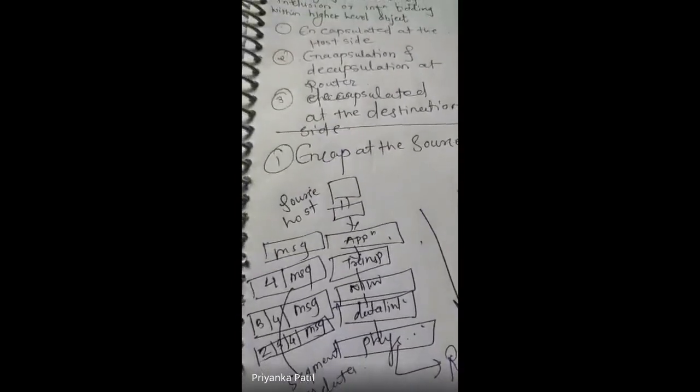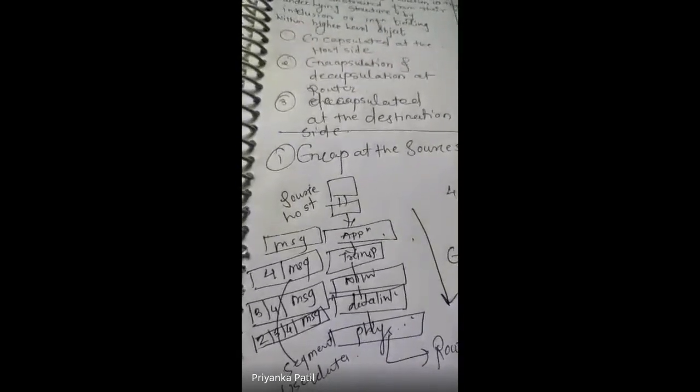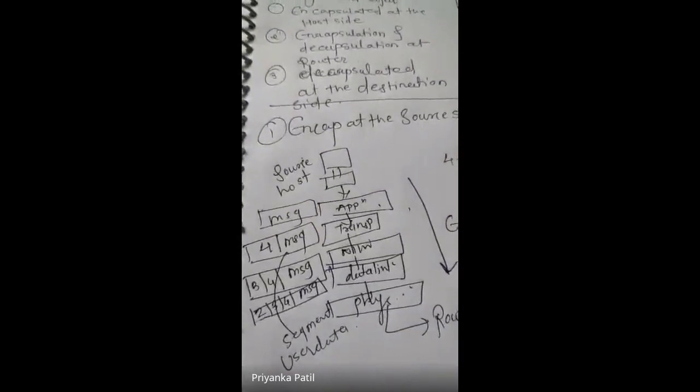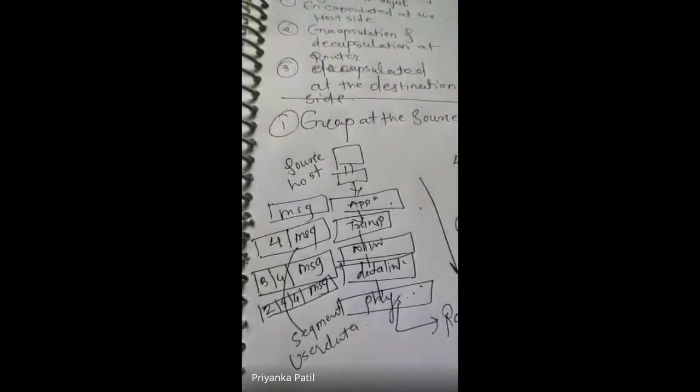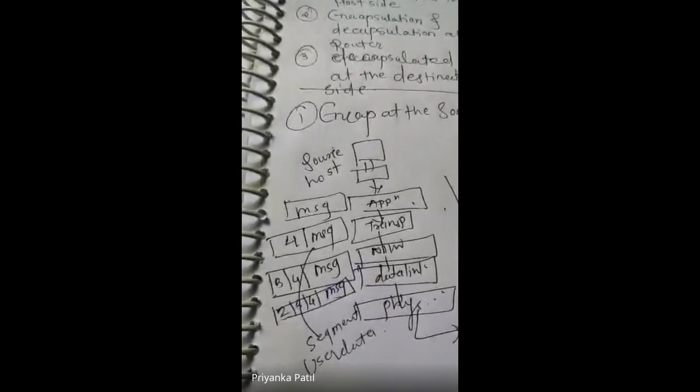It is then passed on to the network layer. The transport layer header consists of the identifier of the application layer program at the source and destination, and some additional information needed for flow control or error control. Means we have to maintain congestion control over the network.